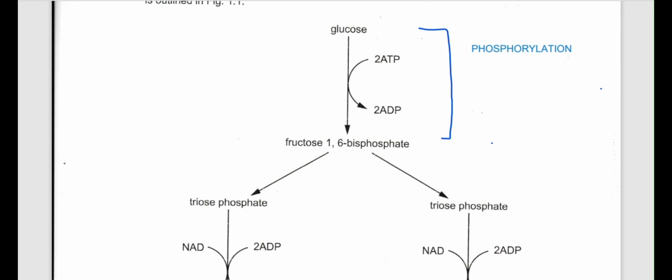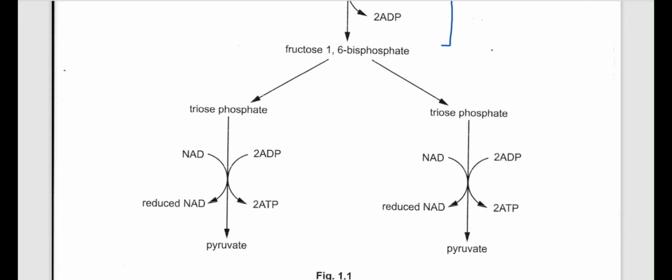So addition of the phosphate group is done in the first step. After fructose 1,6-bisphosphate, you can see it has been converted into two molecules of 3-carbon compound that is called triose phosphate.